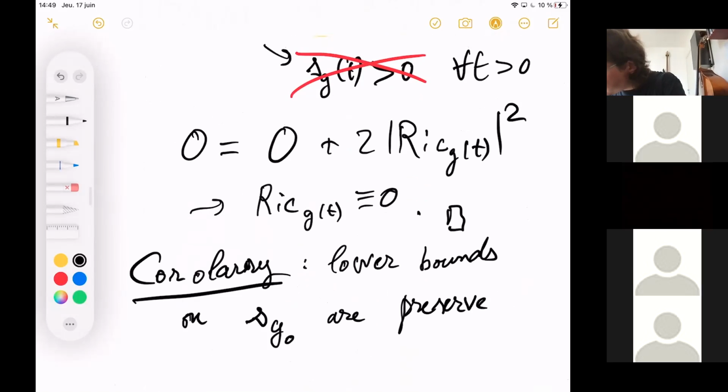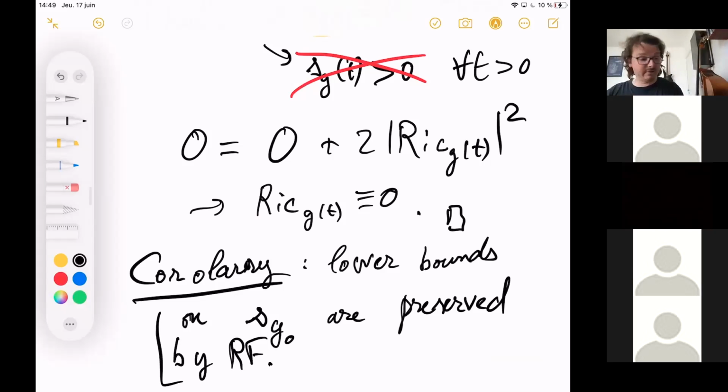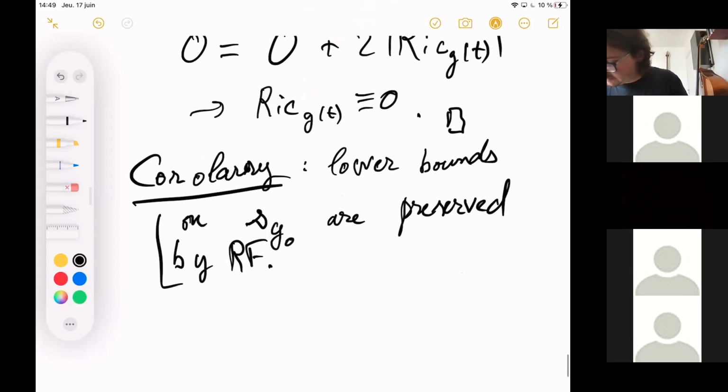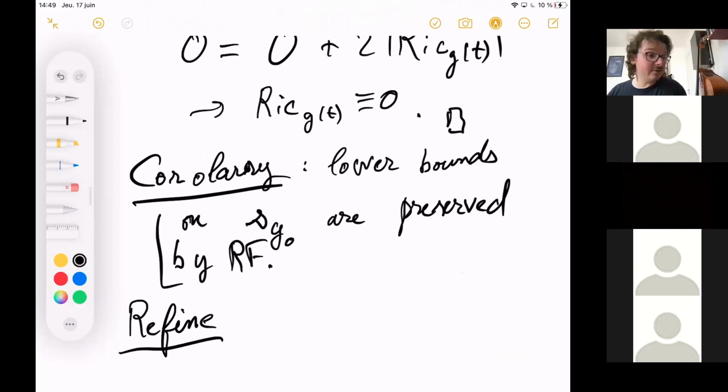If you start with a manifold which has, let's say, a scalar curvature bigger than some constant, then it will stay true as long as the solution exists. But we can actually do better. Let's refine a little bit. Here we have compared to the heat equation, and this gave us comparison to constants, more or less. But we can actually extract more information.